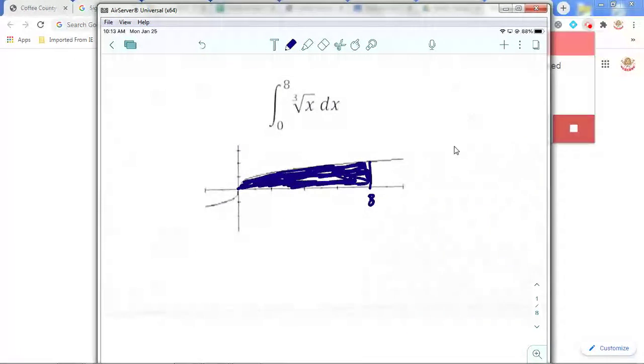So that's the area that we would be finding if we found that integral.